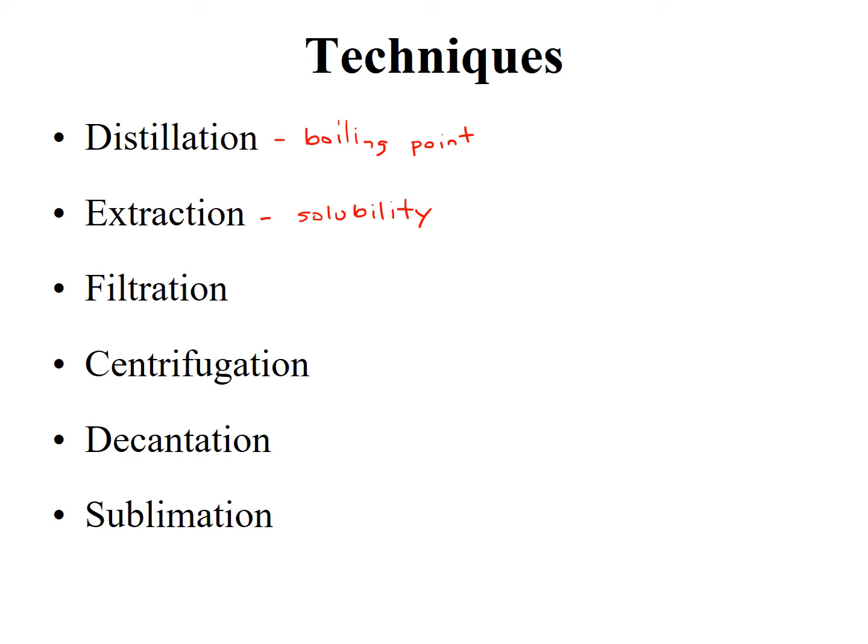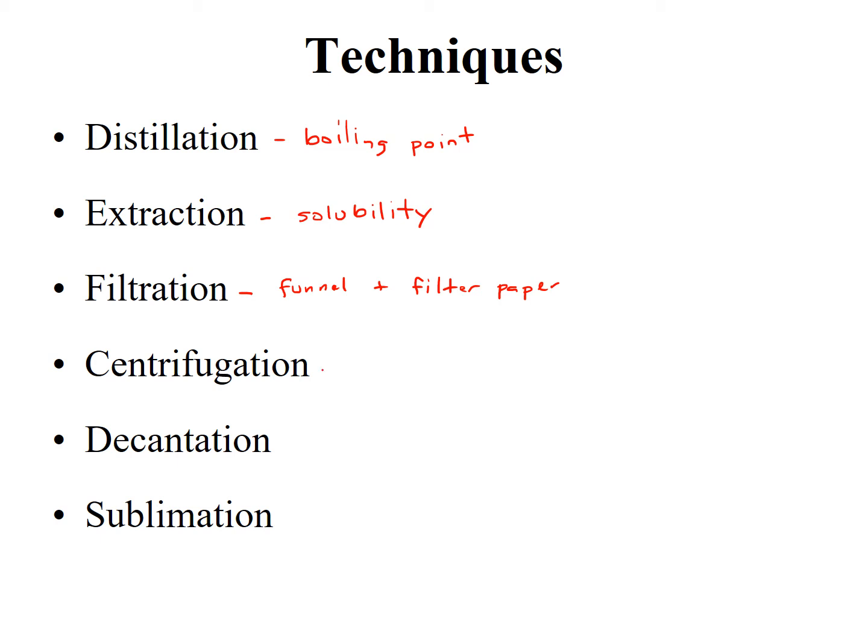In filtration, this is the process of removing an insoluble component from a liquid mixture with the use of a filtering media. Usually you have a funnel with a filter paper. You're not going to use this technique.